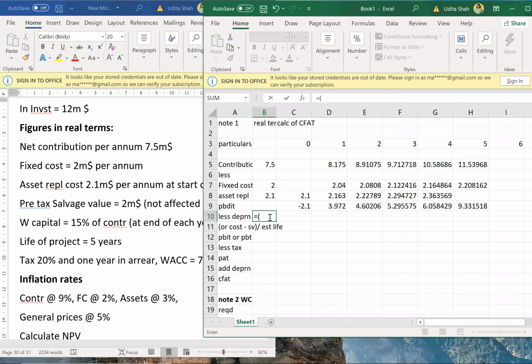So 12 minus salvage value 2, divided by estimated life. What is the estimated life? It is 5 years, not 6 years. 6 years is only for tax in arrear. That is 2 million per year. Fair enough, that is my depreciation. So what is my PBIT? It will be this minus this.